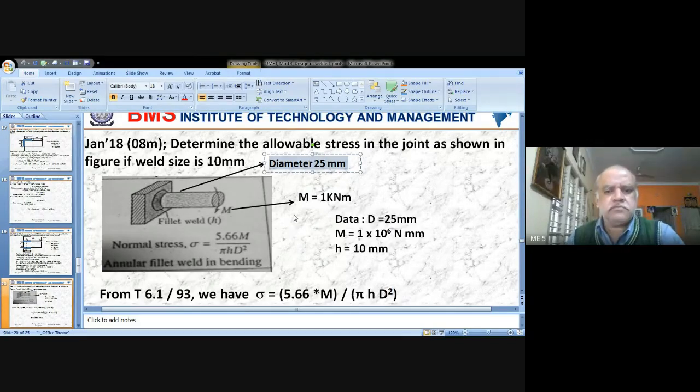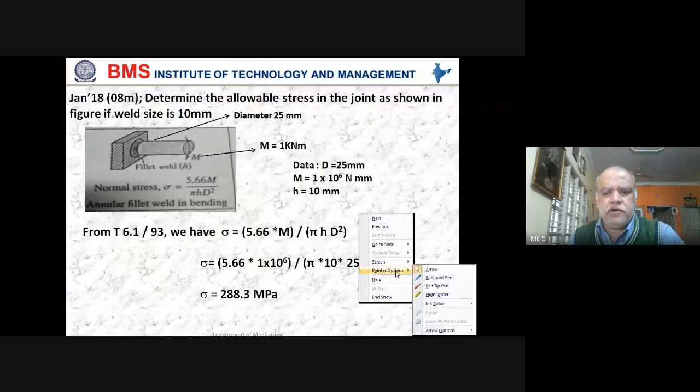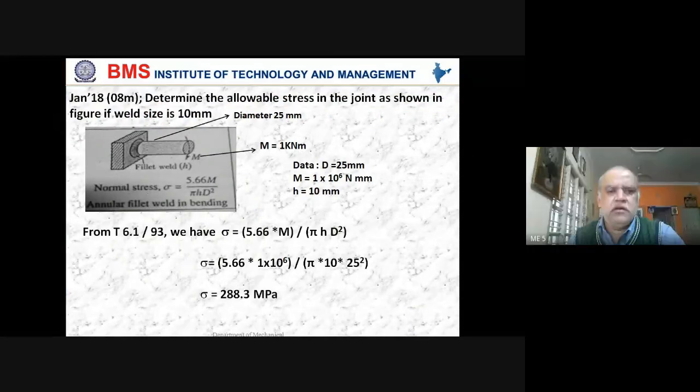Shall we go ahead with the solution discussion? Did you finish noting down? One minute. Just note down the problem and this sketch along with the data. Data is given in the sketch.